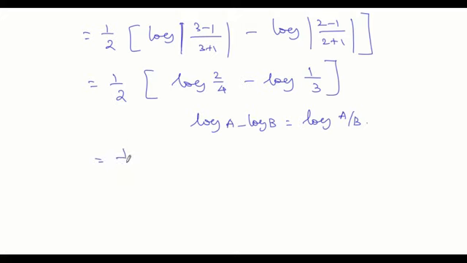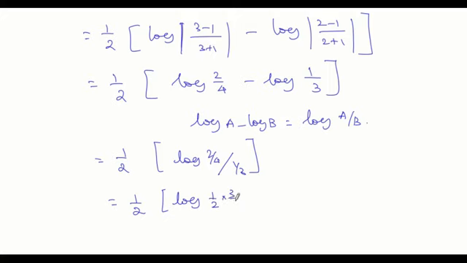That means 1 by 2 into log of 2 by 4 divided by 1 by 3. So here it is 1 by 2 into log of 1 by 2 into 3 by 1. So finally we can give the answer as 1 by 2 into log 3 by 2, or else we can write 1 by 2 into (log 3 minus log 2).